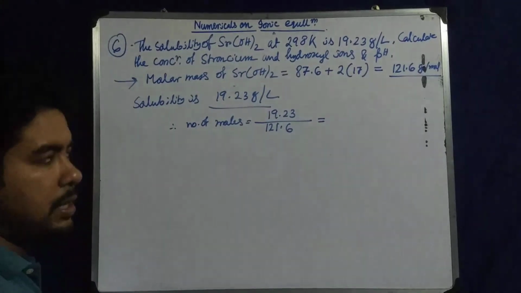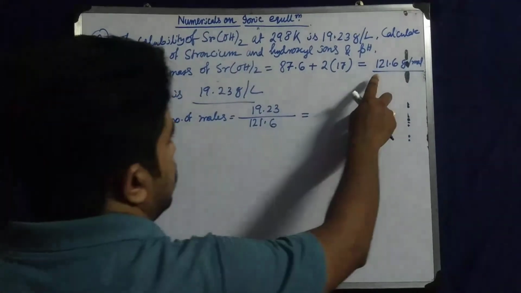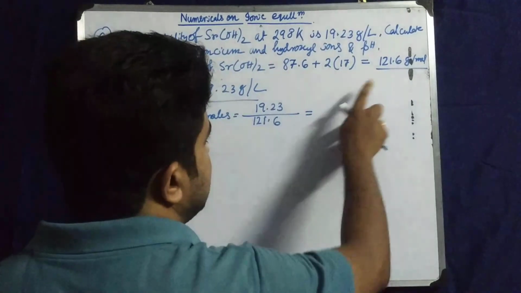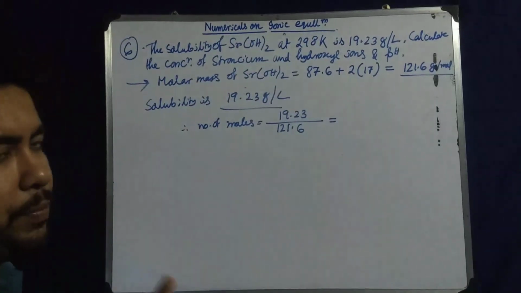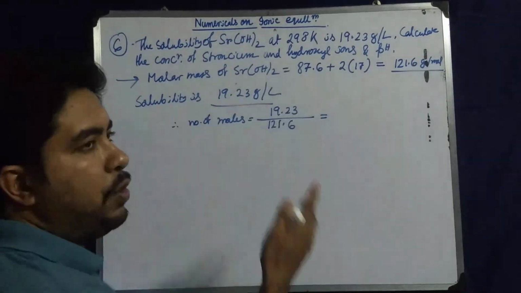Why is it that 19.23 gram is present in 1 liter? 121.6 gram per mole. In 1 mole, that much gram is present. So if that much gram is in 1 liter, then how much mole is this?